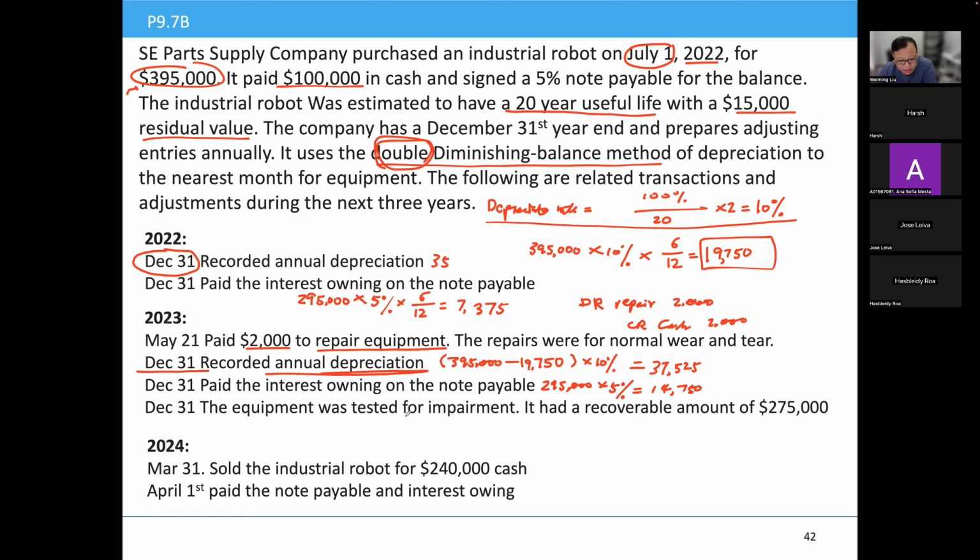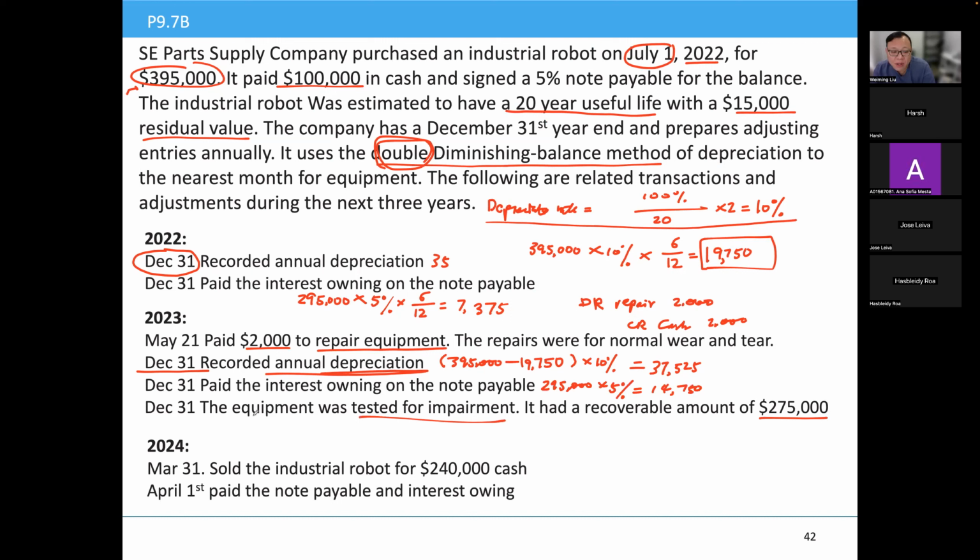The equipment was tested for impairment. It has a recoverable amount of this. On Thursday, I talked about impairment, right? So when things have changed, the equipment may not be worth that much.